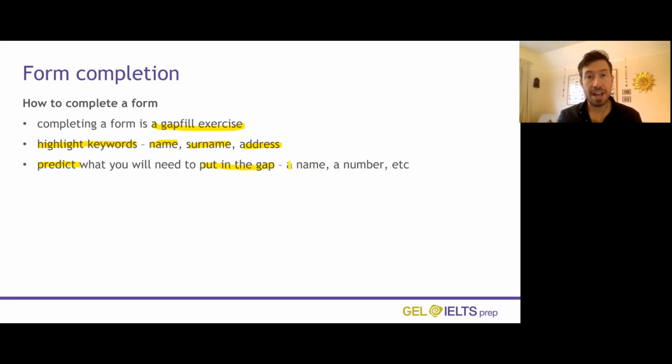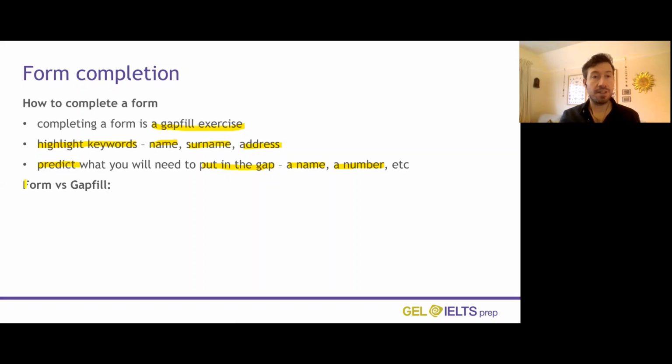So again, it could be a name, it could be a number. If it's an address and it just has one part at the beginning missing, probably it will be a number in that situation. So you first look at the keywords and then you try to guess or predict what needs to go in the gaps.